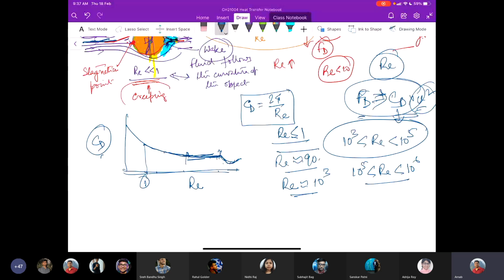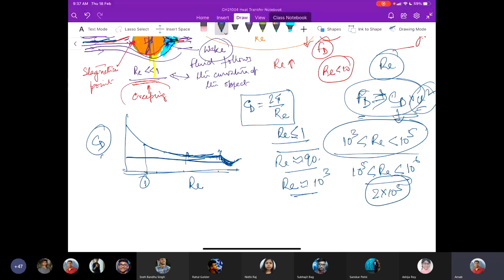Usually beyond this critical number, which is 2 into 10 to the power 5, this sudden drop, or reduction of drag coefficient, is mainly due to the fact that the boundary layer now becomes turbulent.